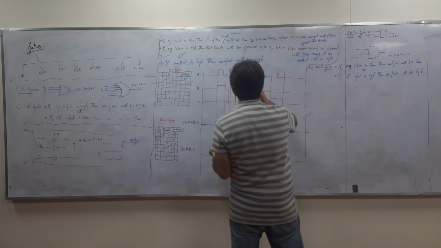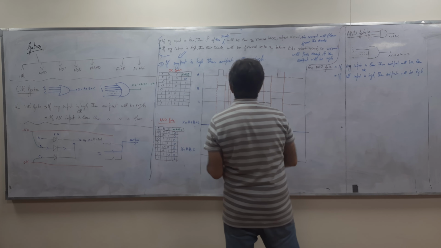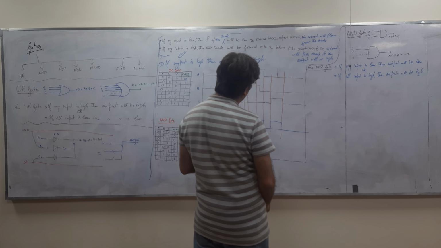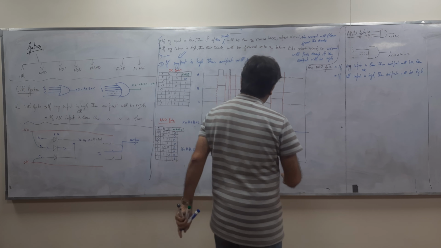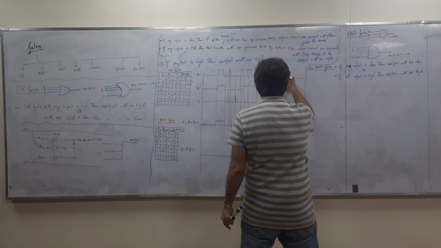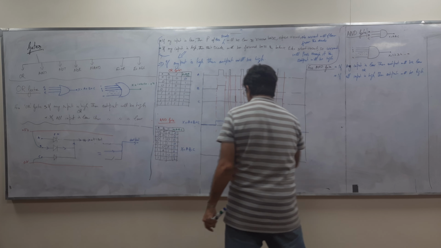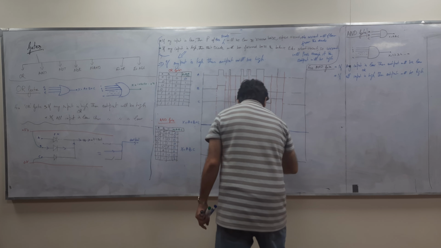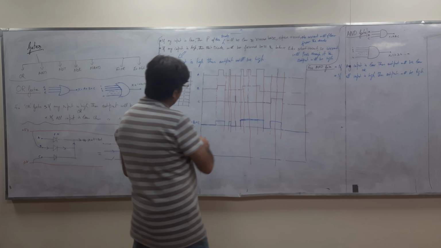If we see that at this time all inputs are high, and here is this 0, and at this point all inputs are high, and this point and this point, and the remaining.